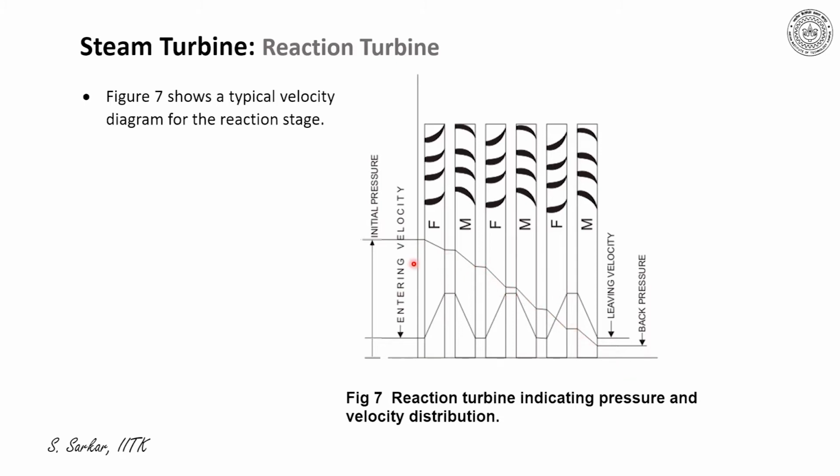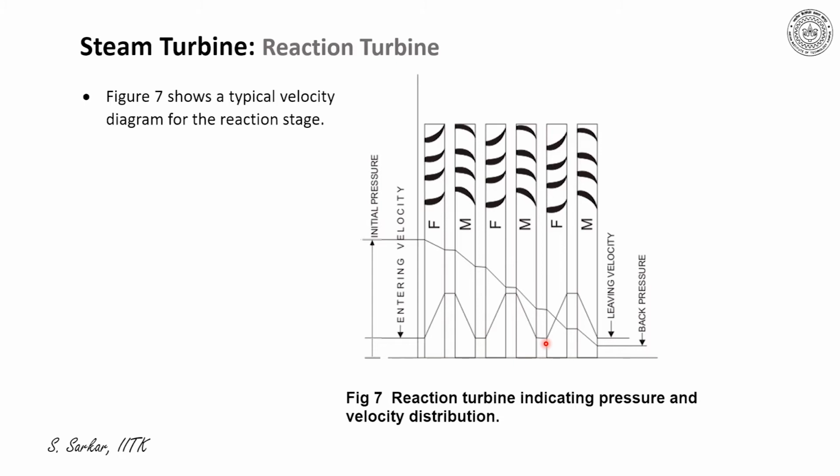An enthalpy drop in a single stage remains almost constant as it passes through stages, and thereby, as I have indicated here, the absolute velocity increases in the fixed blade, then decreases in the moving blade. Again, in the following fixed blade, it increases and then decreases in the moving blade.